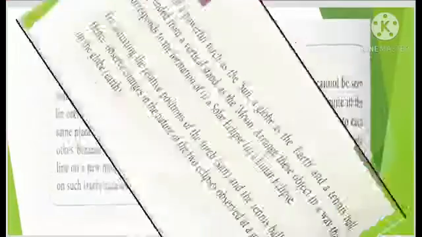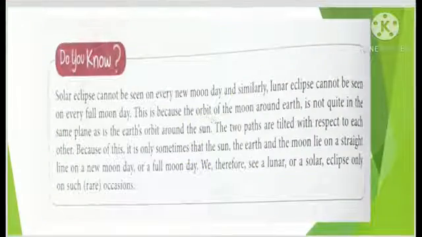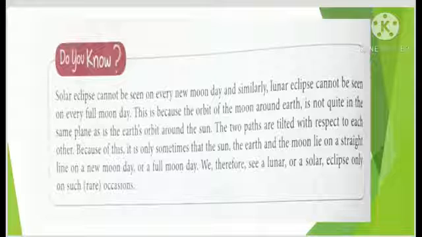Solar eclipses cannot be seen on every new moon day, and similarly lunar eclipses cannot be seen on every full moon day. This is because the orbit of the moon around the earth is not quite in the same plane as the earth's orbit around the sun.